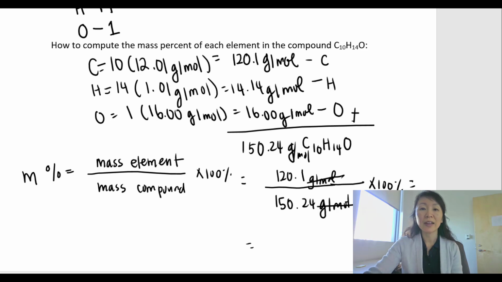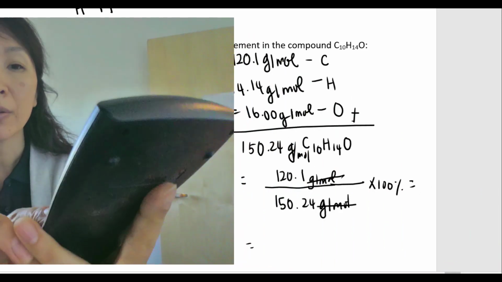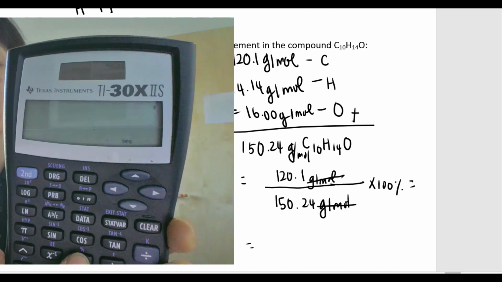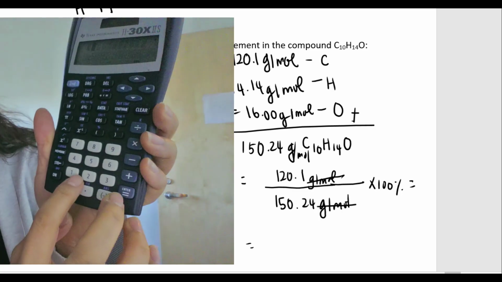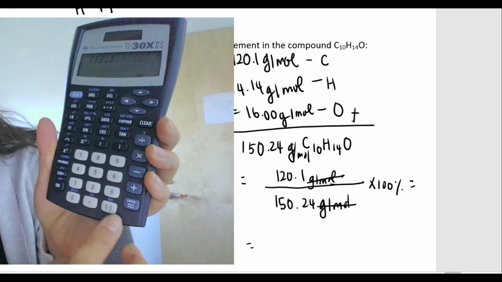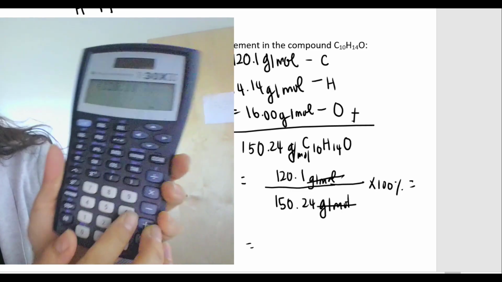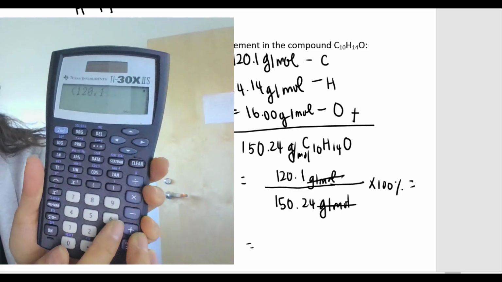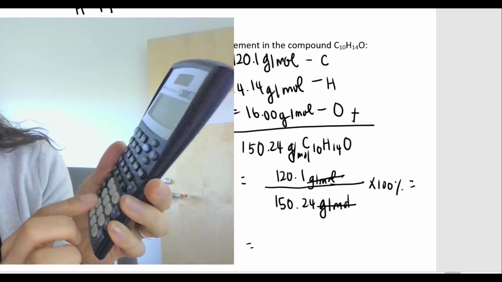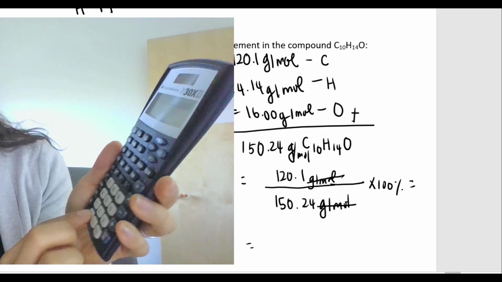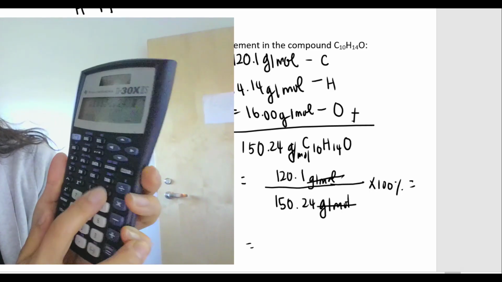So let's go ahead and do that in our calculator. Open up a parenthesis, press 120.1, okay? And then divide it by 150.24. Close the parenthesis.